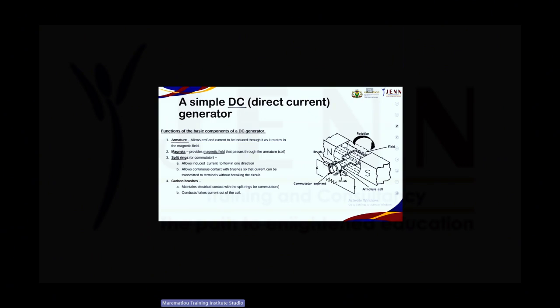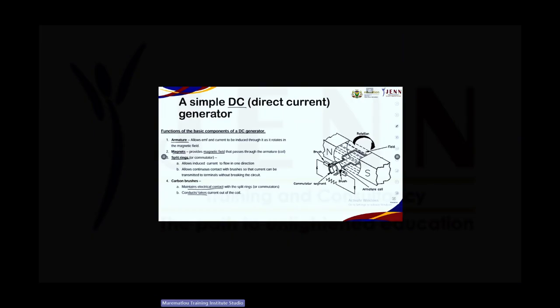They have different functions. So graphite can conduct electricity. Then if we look at our carbon brushes, they maintain electrical contact, meaning it completes the circuit, and also it takes the current, or conducts the current, out of the coil.